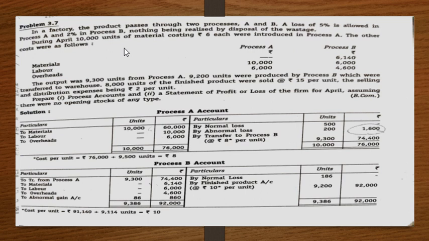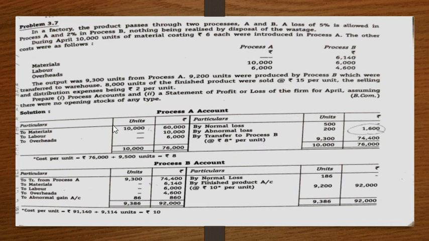During April, 10,000 units of materials costing rupees 6 were introduced in process A. So this 10,000 units, which is costed at rupees 6, is your units introduced for process A. Then they've given your materials, labor, overheads, which are your expenses which you will be taking into the input side of your process account. So your left hand side is always input and your right hand side will be your output side.